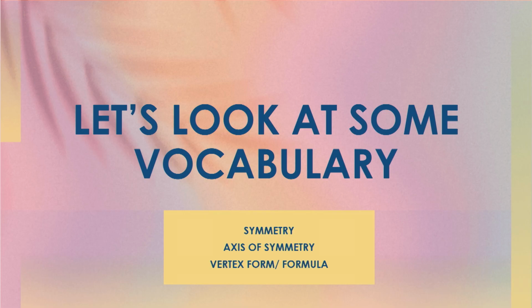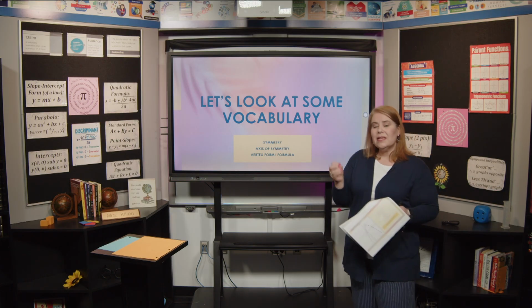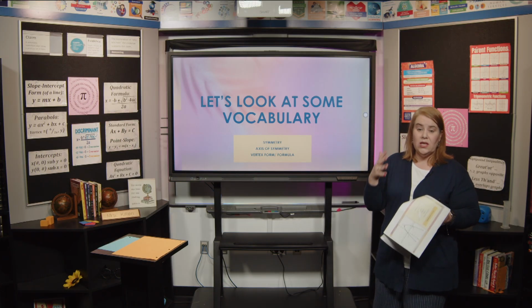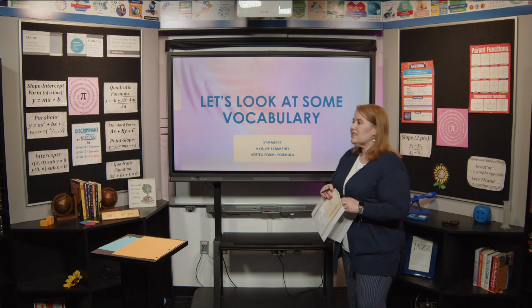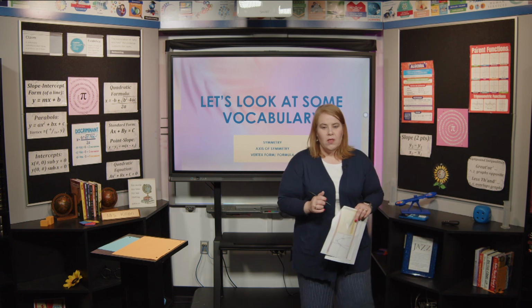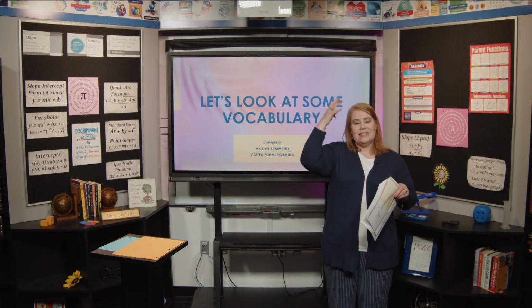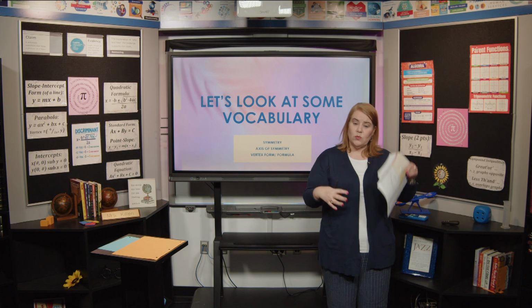So let's look. New vocabulary: we have symmetry, axis of symmetry, and vertex form or formula. Now, these are brand new vocabulary. What I want us to do is get just a little bit more detail before we really use them. So when we find something that's symmetrical, that means it has the same features on one side of it as we do on the other.